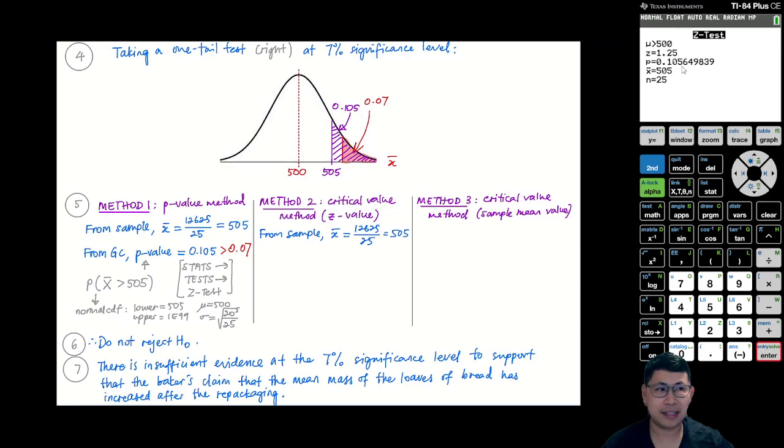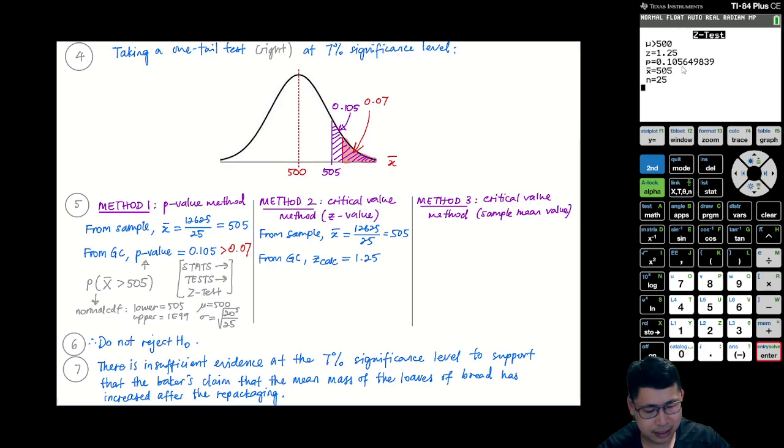This is from the sample. Then from our GC, the same steps, the z value that we calculated up here, the z calculated that we have over here is actually 1.25.